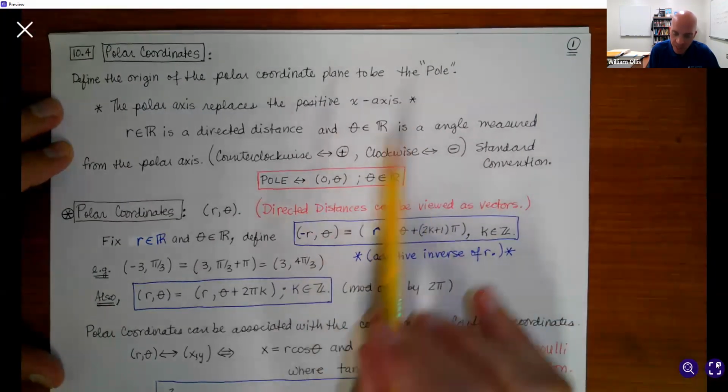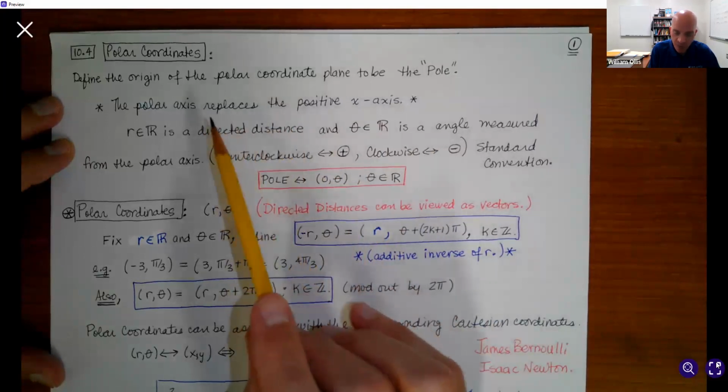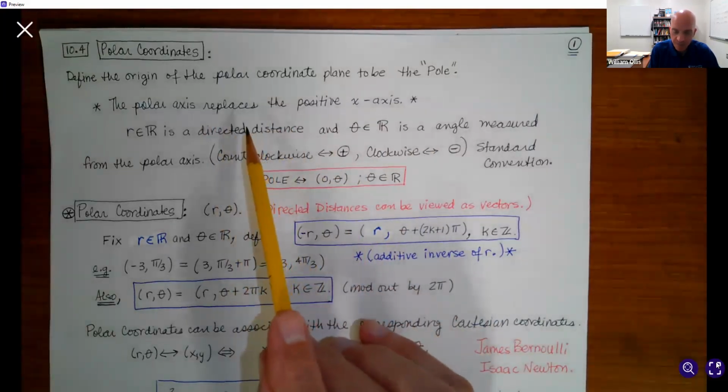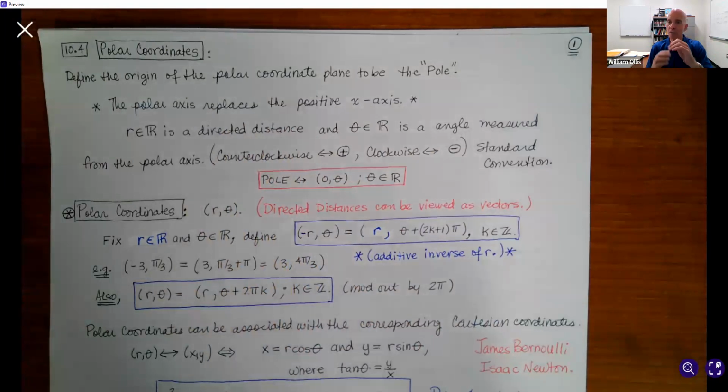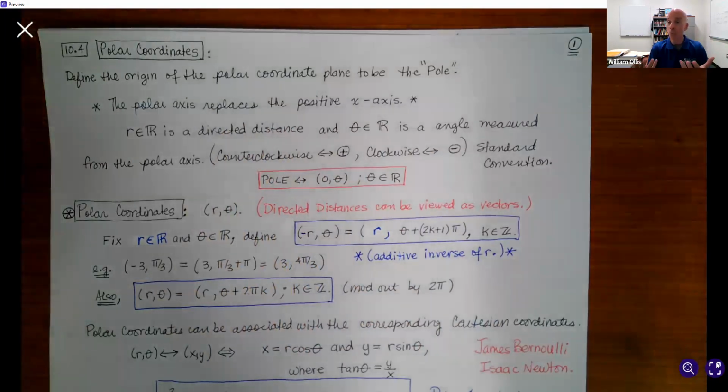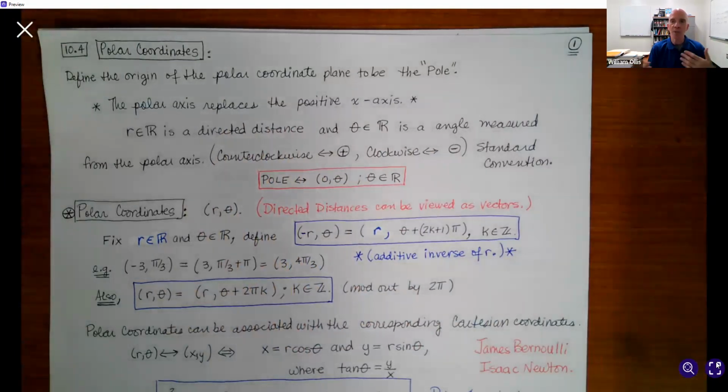Now, the first thing I want to note is that with polar coordinates, we continue to think like the XY plane, but not exactly. For instance, the positive x-axis will now denote the polar axis, and the origin that we usually think of as 0, 0 will be the pole. So we will talk about tangents at the pole.